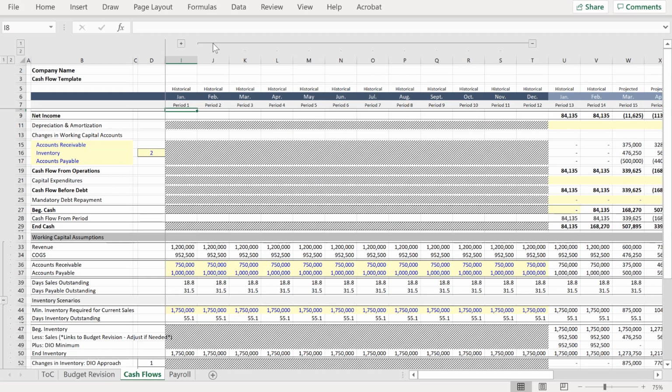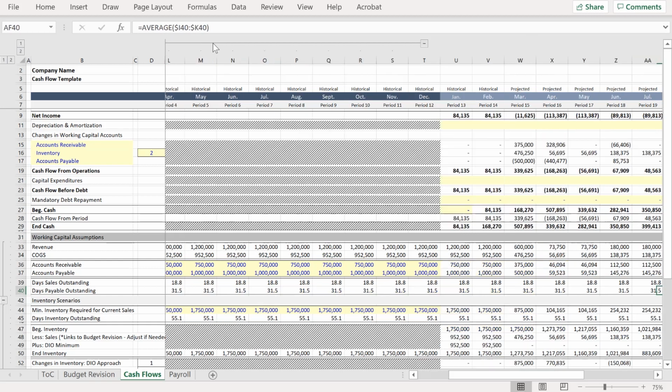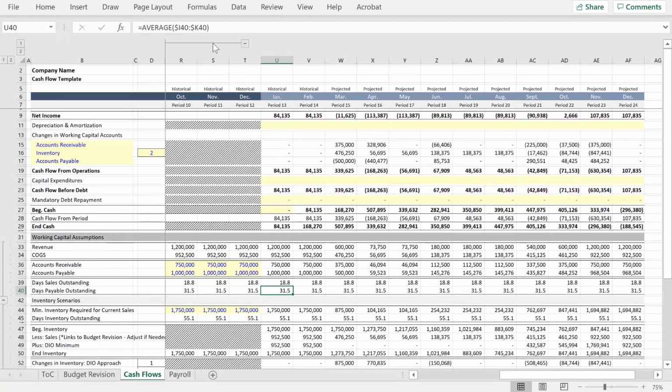Assume, for example, that you could contact your vendors and let them know that until your business recovers, you need to renegotiate payment terms. So while historically your days payable outstanding balance has been 31.5 days, you might want to explore how an adjustment can allow you to overcome a funding gap. So to do that, we'll code these as inputs really quickly.